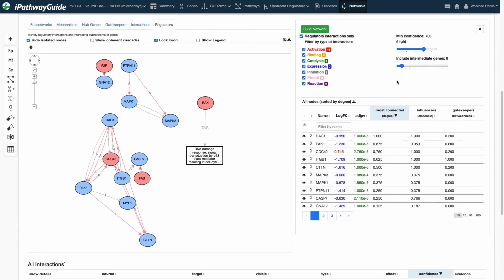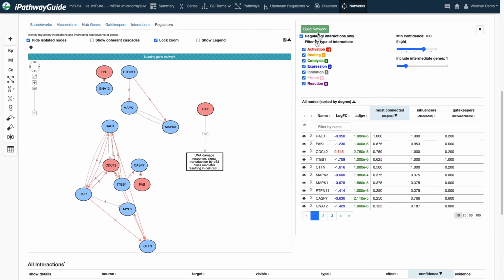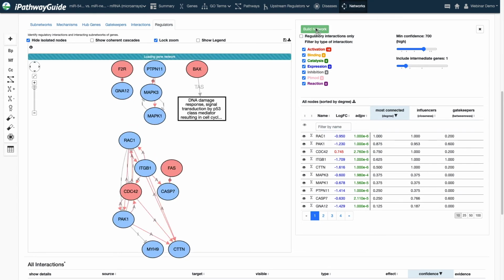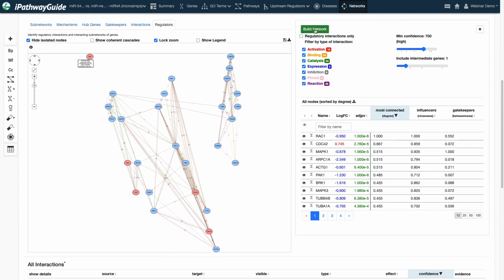In order to do that, we're going to include intermediate genes and ask the network to fill in the missing connections. We'll start with 1. Okay, so it was able to find differentially expressed genes that connect all of these mechanisms together.